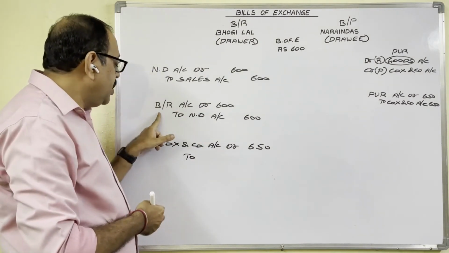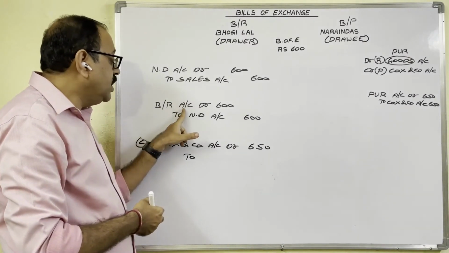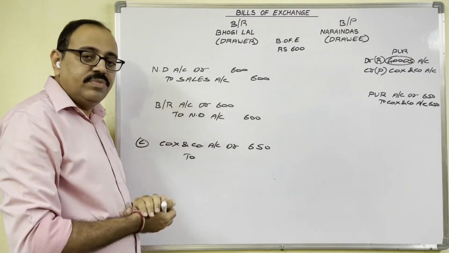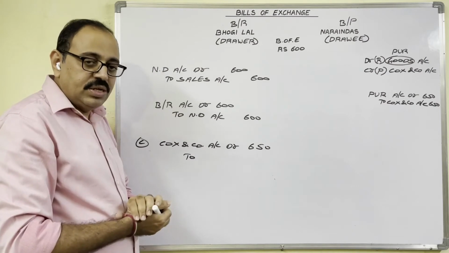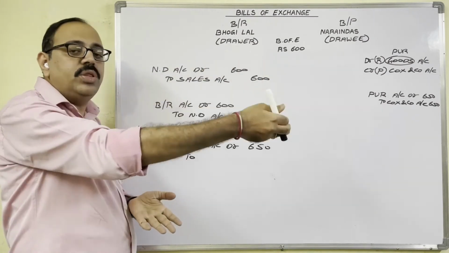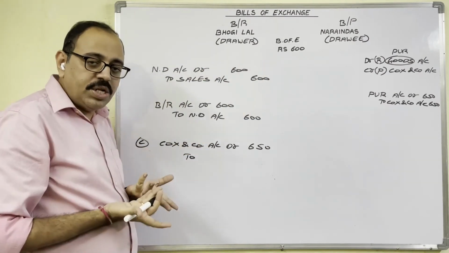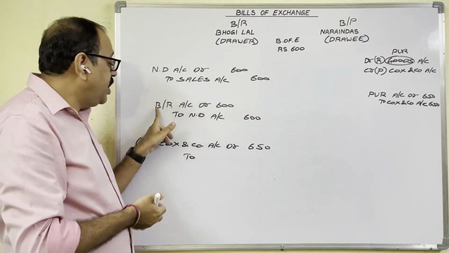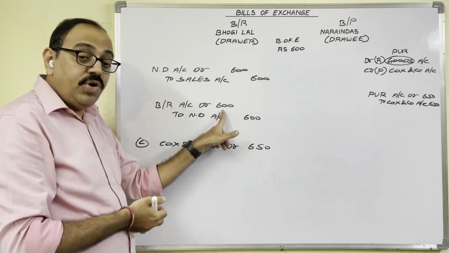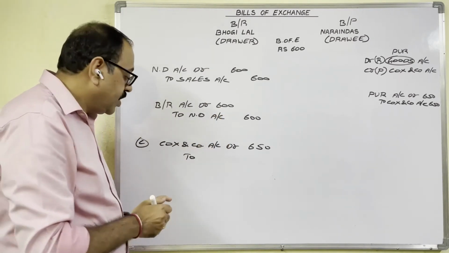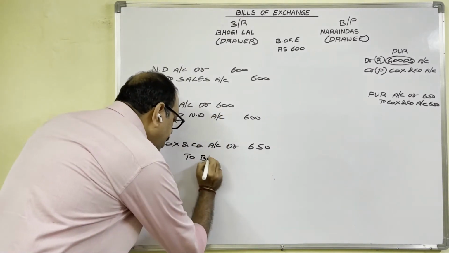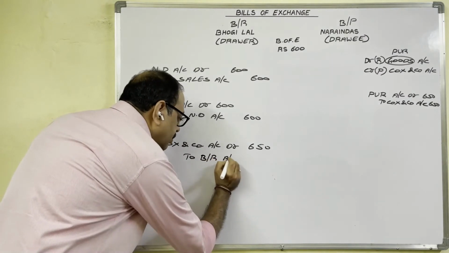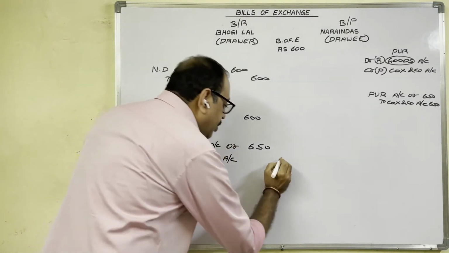In the second entry, we wrote that we have an asset worth 600 rupees in the form of bills of exchange. When we transfer that bill to them, now with us there is no bills of exchange, which means this asset we should cancel. By debiting, we created this asset. If you want to cancel, you should credit. So we should credit bills receivable account with 600 rupees.